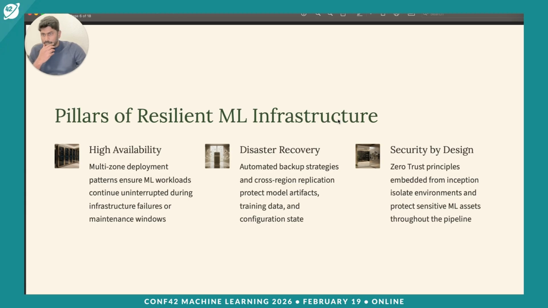Now, what are the pillars of resilient ML infrastructure? The key pillar would be high availability. As we discussed before, on a high level, while planning and designing we have to think about use case scenarios like multi-zonal deployments, where the cloud provider has a presence across multiple zones and lets customers deploy across multiple zones with minimal latency.